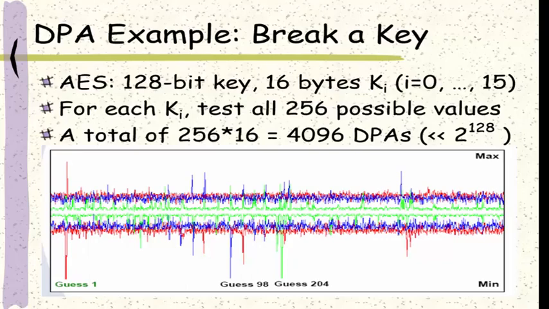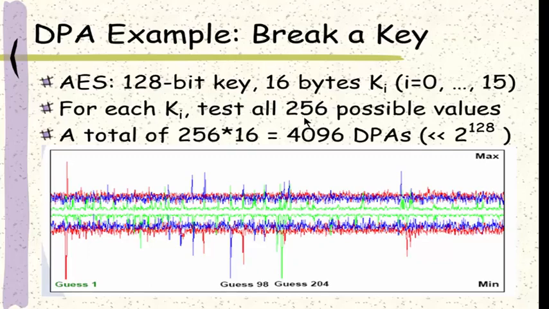Then for each byte k sub i, which has 8 bits, there will be 2 to the power 8, or 256, possible key values. We use each of them as the key to compute the output L sub i, then partition the collected power waveforms based on L sub i, and compute the DPA values.